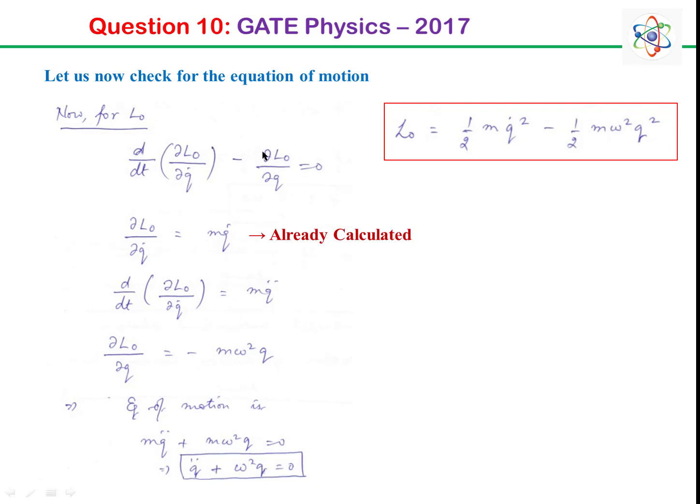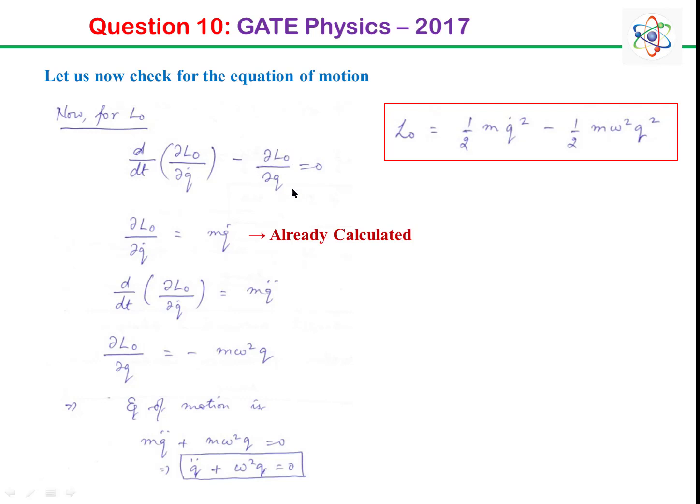Now to get this second term, I have to differentiate this L naught with respect to q. When I differentiate, this first term vanishes because we don't have any q over here, and the only contribution comes from this second term. So differentiation of this gives me minus half m omega square into 2q, and half and 2 go, so I am left with minus m omega square q.